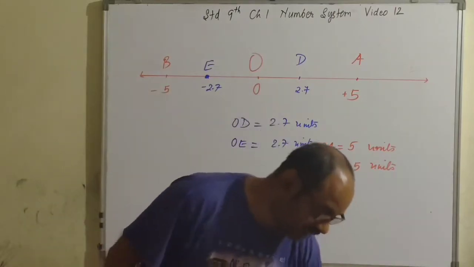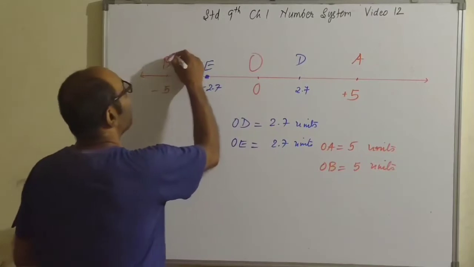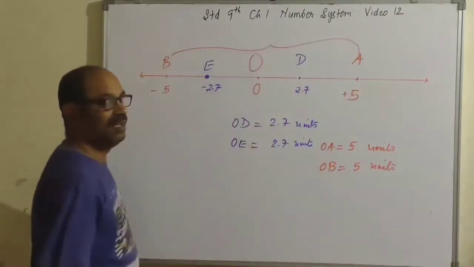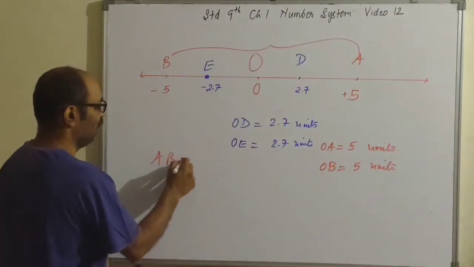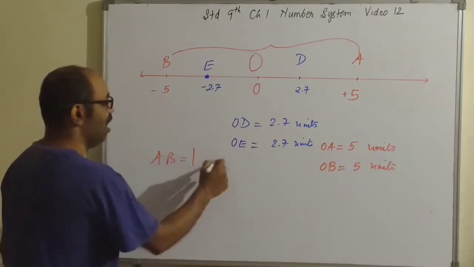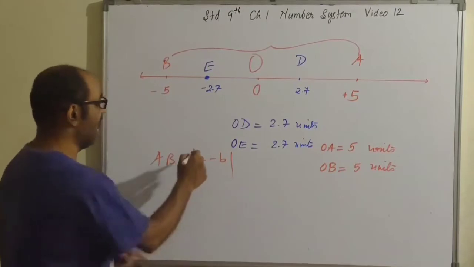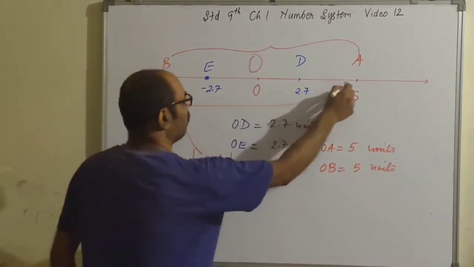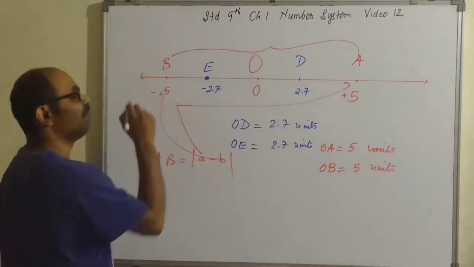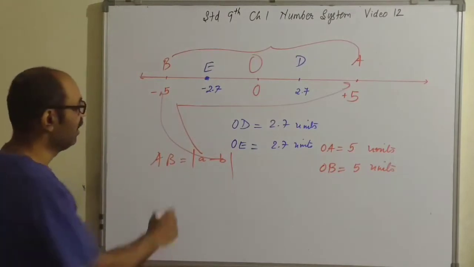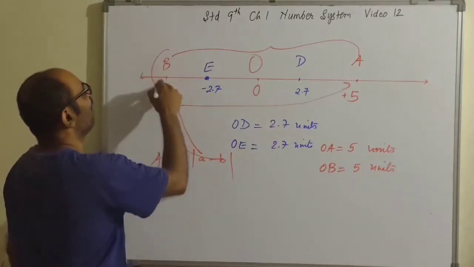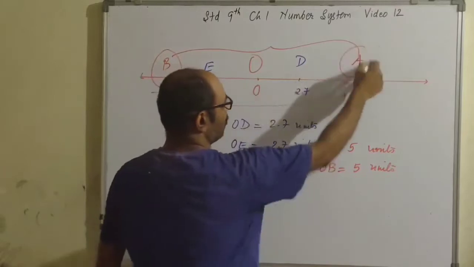Now, what is the distance between A and B? AB is equal to what? We saw yesterday the distance formula: absolute value of small a minus small b, where small a is the real number corresponding to A, small b is the real number corresponding to B. Alright? Now tell me, on the number line B is on the left and A is on the right.